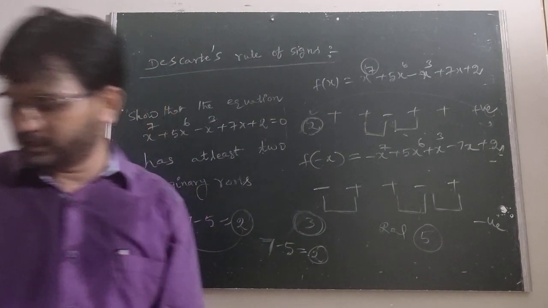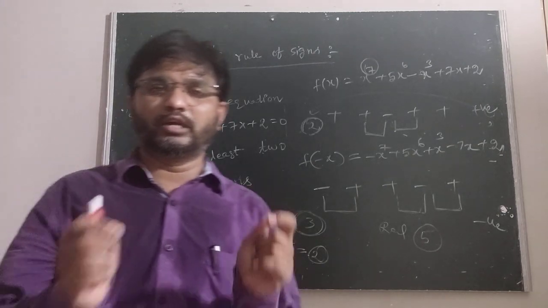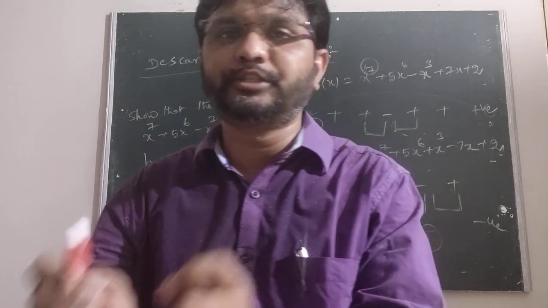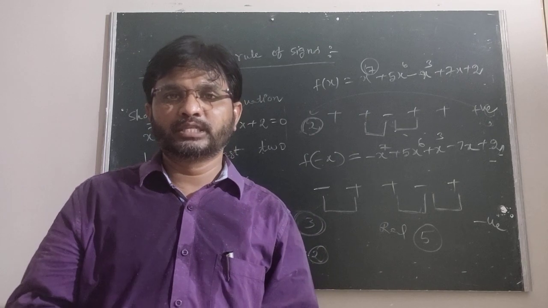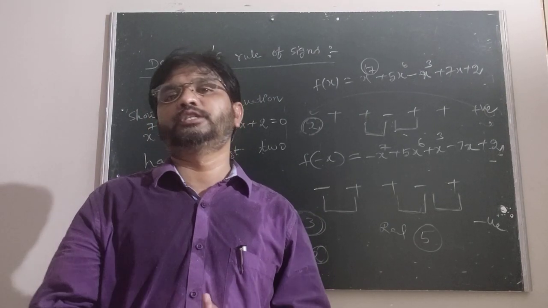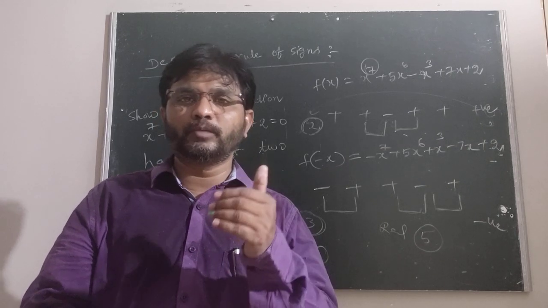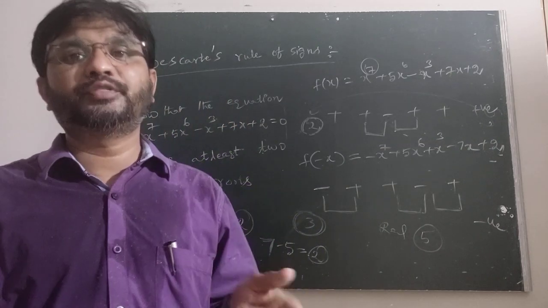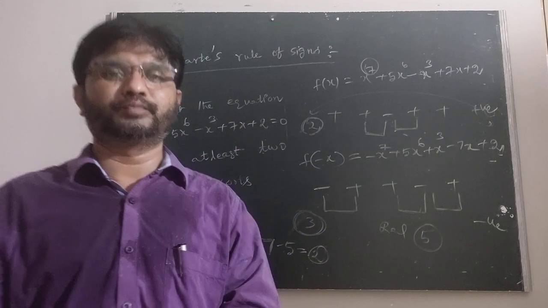Descartes rule of signs means: if f of x equal to 0 has p sign changes, then you can write at most p positive roots of f of x equal to 0.